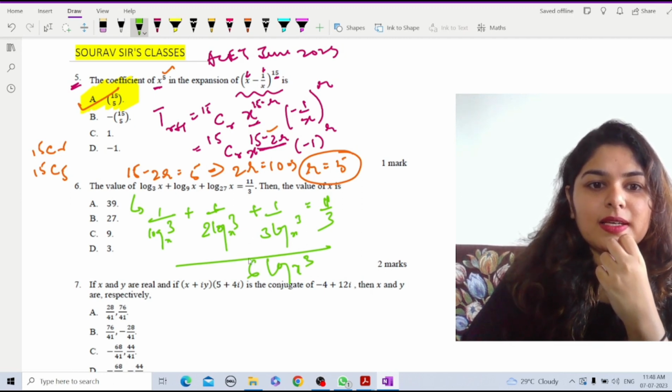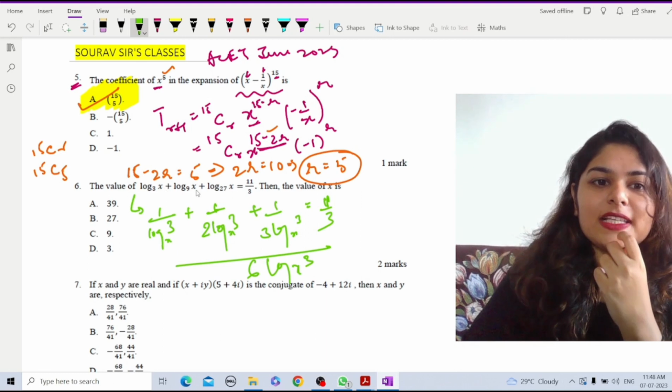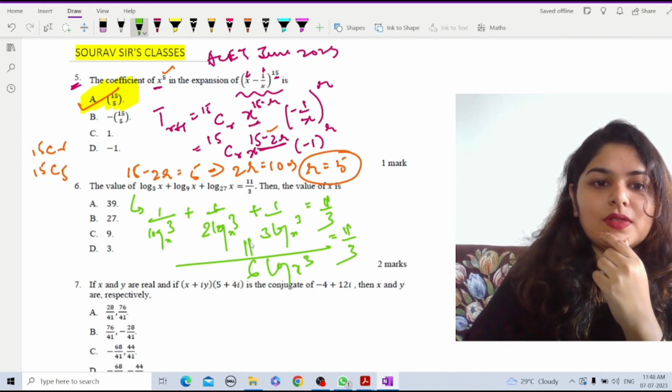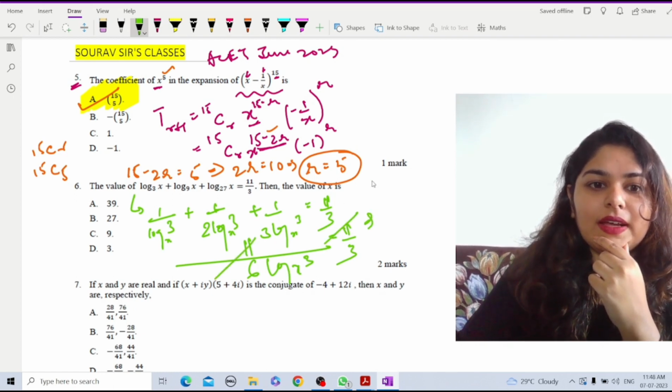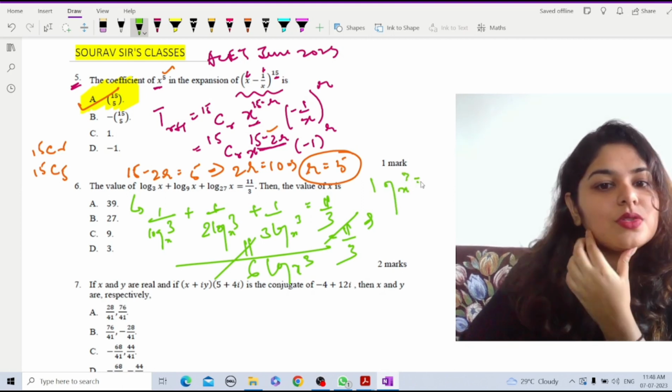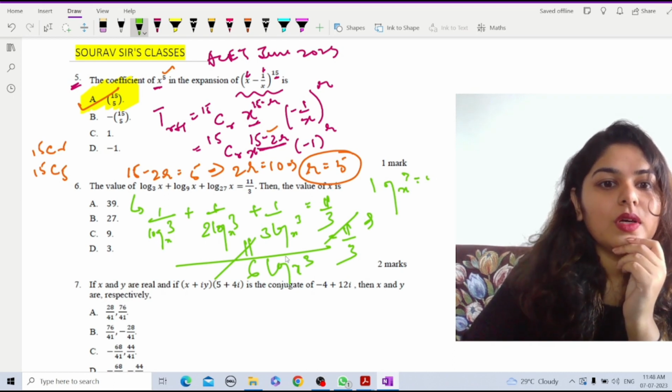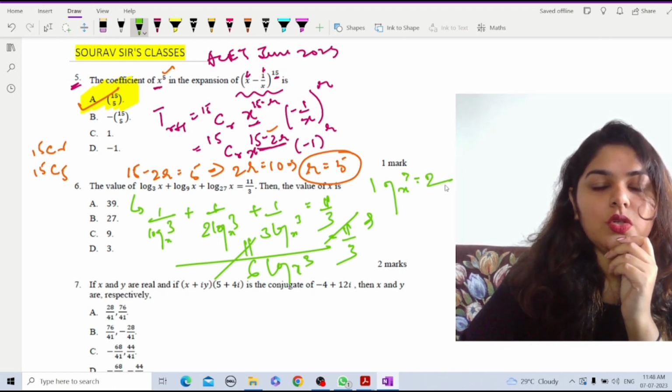See, 6 plus 3 is 9, sorry, 6 plus 3 is 9, plus 2 is 11, right? So this is 11 by 6 log is equal to 11 by 3. Now see, 11 gets cancelled. So from here we can write log of this is equal to 6 by 3, which is 2.